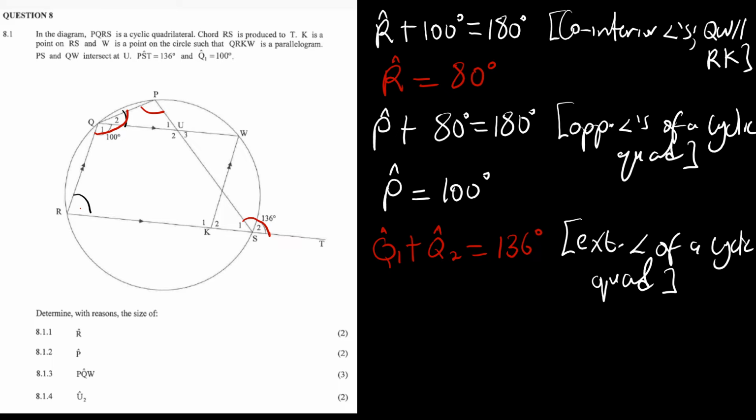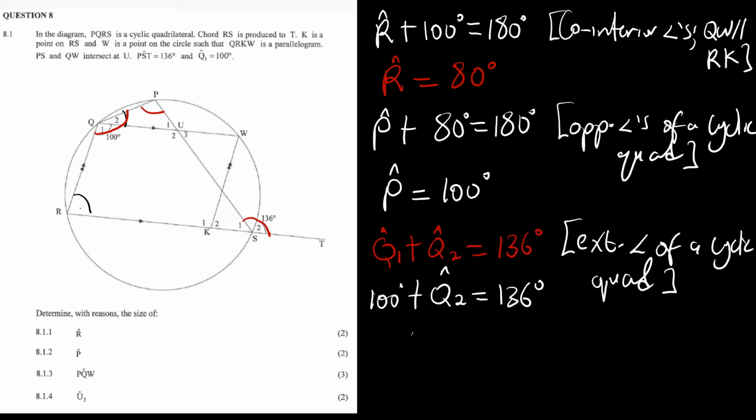Then we need to solve for Q2, because we are looking for Q2 and we have Q1. Q1 is given in the information, which is 100 degrees. So 100 degrees plus Q2 is going to give us 136.